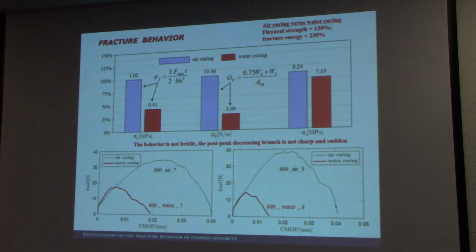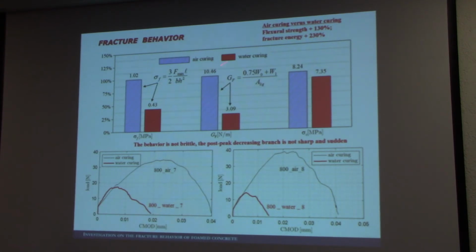Surprisingly, we noticed that the curing condition has a very strong effect on the fracture behavior. In particular, the fracture energy computed according to the formula reported in the standard was more than 200% higher in the specimens cured in air compared to the specimens cured in water.